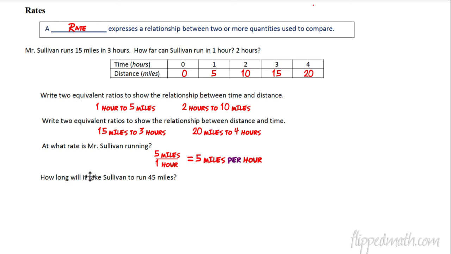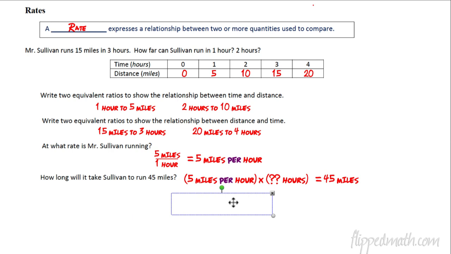Okay, so then we can answer questions like, how long will it take Sullivan to run 45 miles? Okay, so 5 miles per hour, that's how fast he's going, times how many hours will equal 45. This is how fast he's going per hour. It tells us 1 hour is 5 miles. So if I go 5 miles in 1 hour, how many hours until I get 45 miles?